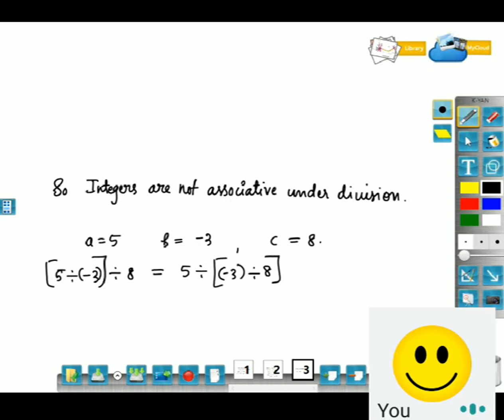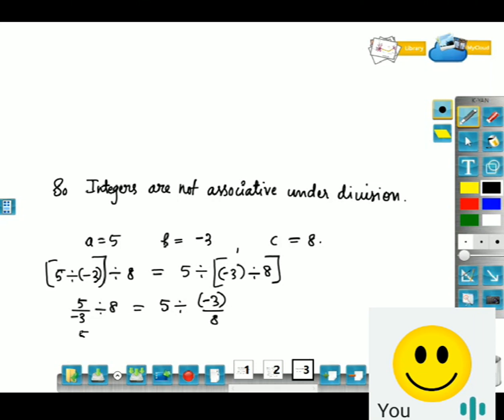Okay, thank you. So now (5 divided by -3) divided by 8 is equal to 5 divided by (-3 divided by 8). Okay, so now here we are having division sign. If you want to convert the division sign, you have to take the reciprocal of the second term.